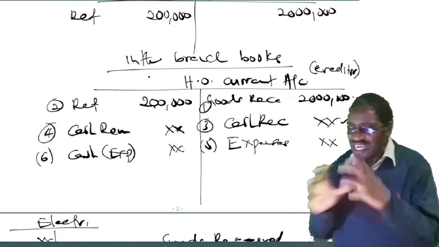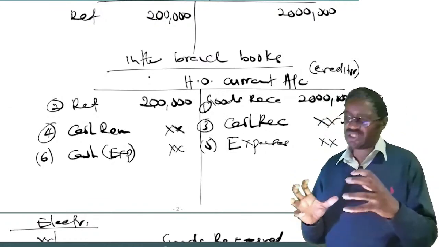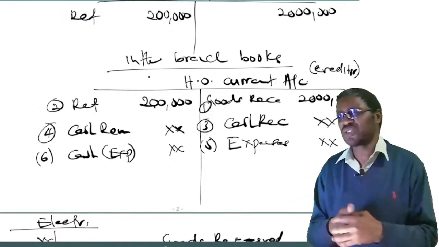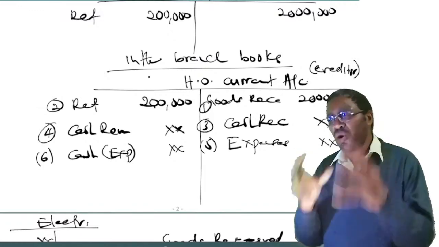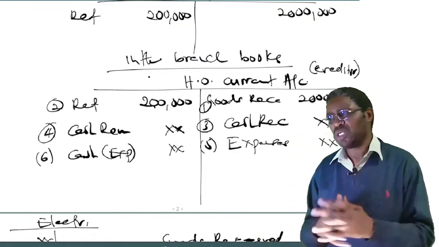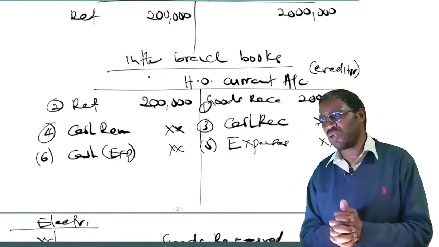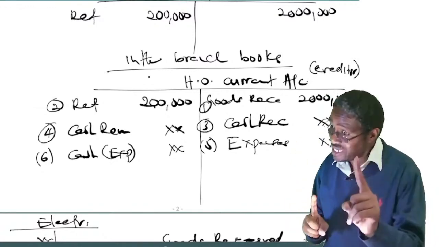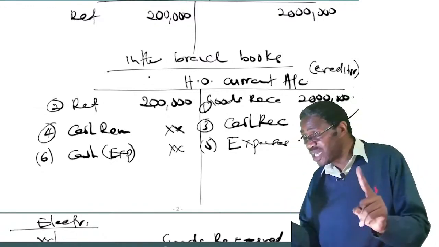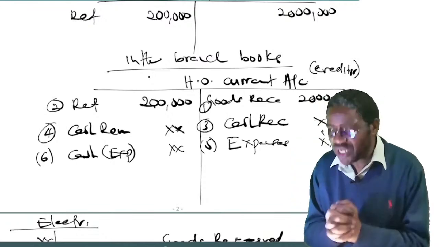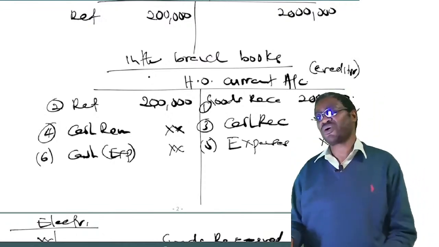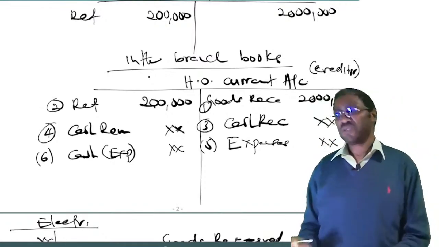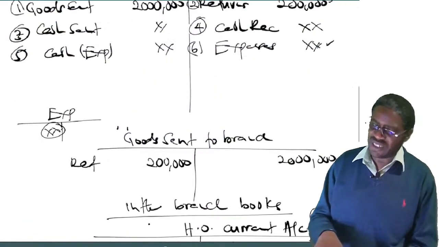So that's a relationship I want you to notice, and therefore we can say that these two accounts are normally a reciprocal of each other. That means the head office current account and the branch current account are a reciprocal of each other.